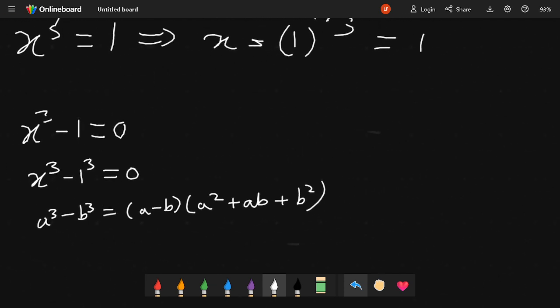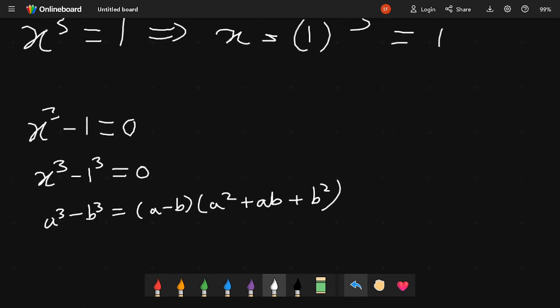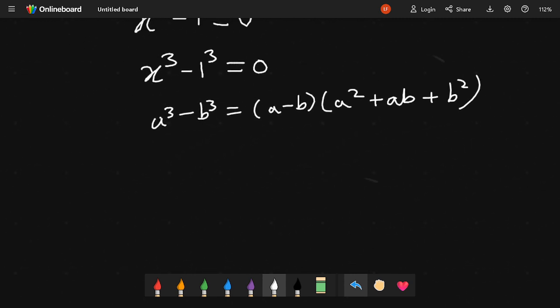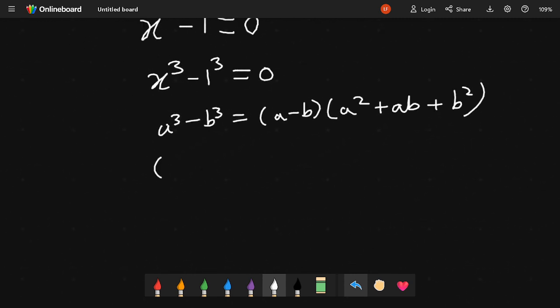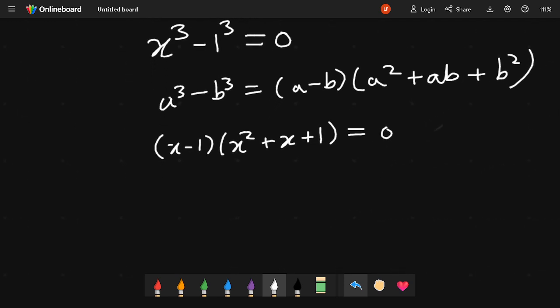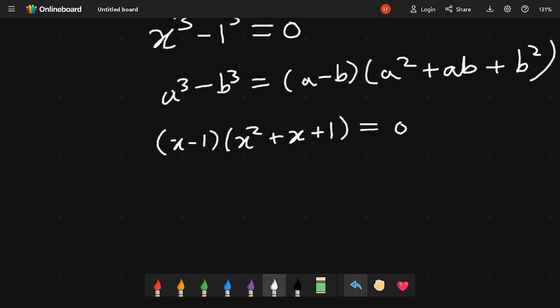So we're going to apply that identity here, giving us x minus 1 times x squared plus x plus 1 equals 0, which means both of these factors are equal to 0.